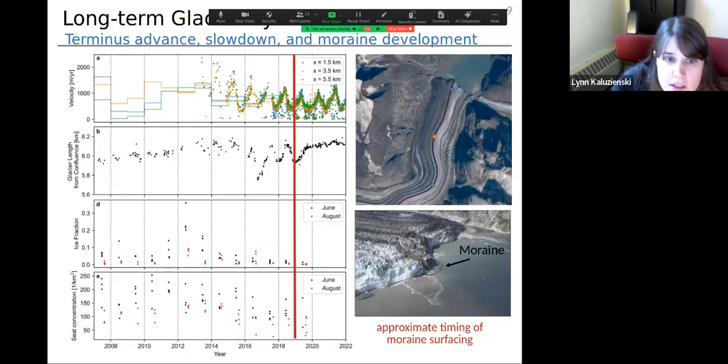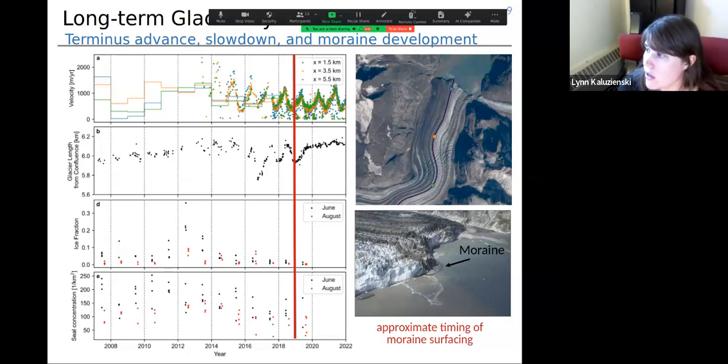One way that it's affected the stability of the glacier is that before the surfacing of the moraine, we had these seasonal swings in advancement and retreat each year, and it seems to have stabilized since that point, now that it's quasi-grounded.